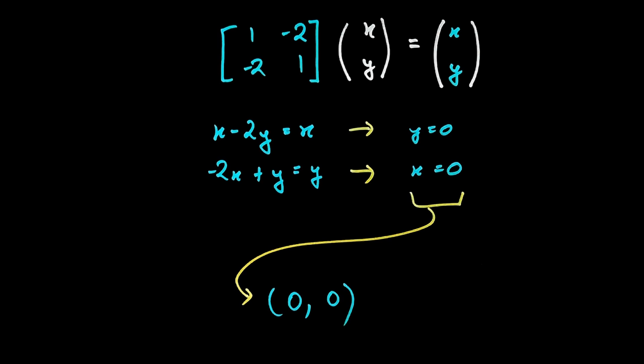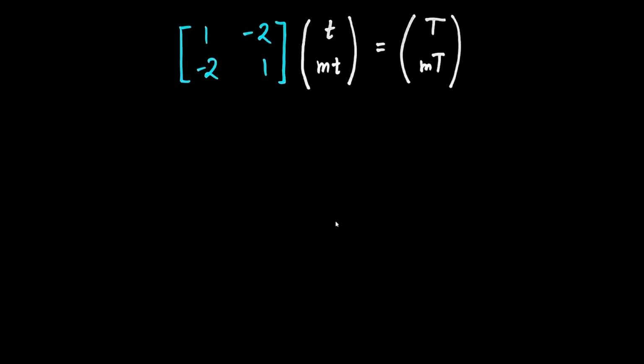So, just to be sure, we have to use the second method on this transformation matrix. Doing it now, we have 1, minus 2, minus 2, 1 multiplied by t and mt equals capital T, m capital T. So we multiply and we get two equations. We get t minus 2mt equals capital T, and minus 2t plus mt equals m capital T.